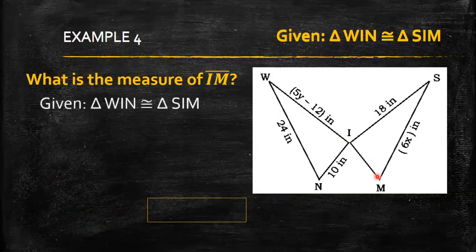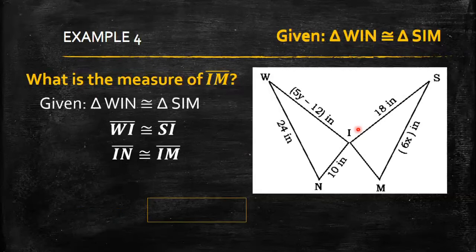First, dahil ang given ay triangle WIN congruent to triangle SIM, therefore, si WI is congruent to SI. Si segment IN ay congruent kay segment IM.